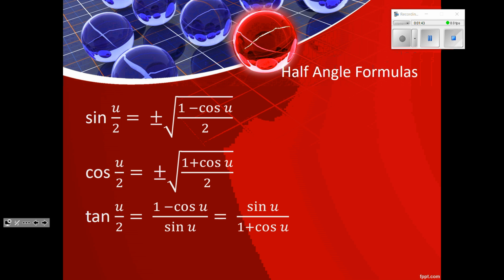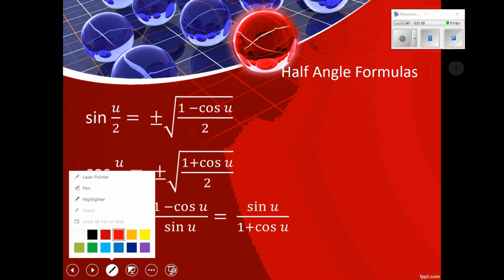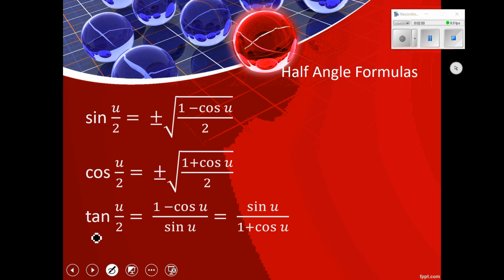How do you know if it's going to be a plus or a minus? It depends on what quadrant you're in. So before I click to the first one, I want you to think about this, okay? Because it's going to be dependent on your quadrants. So if I'm in the first quadrant, let's say u is between 0 and 90, okay?